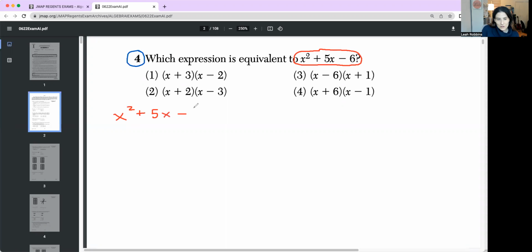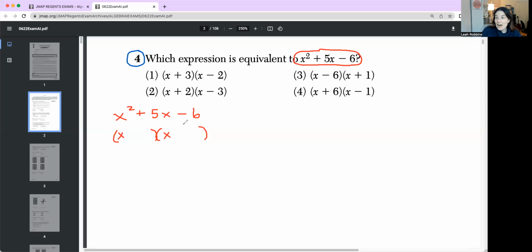I usually just call it the sum and product method, where we know this is going to factor into two binomials. I know my first term of the binomial is going to be an x, because x times x is x squared.